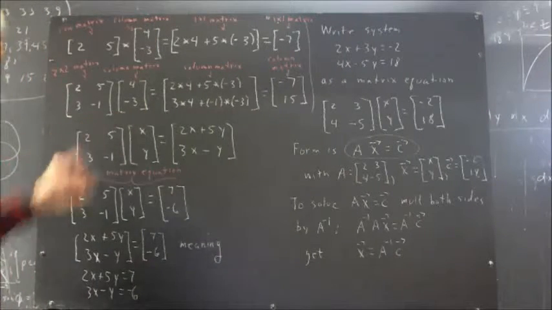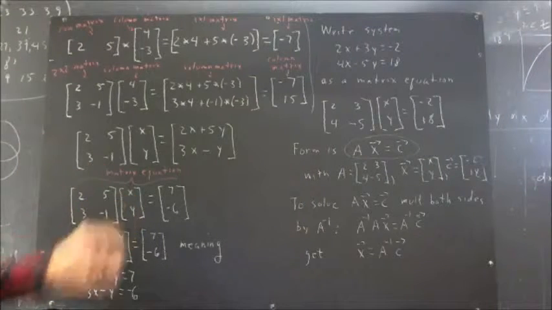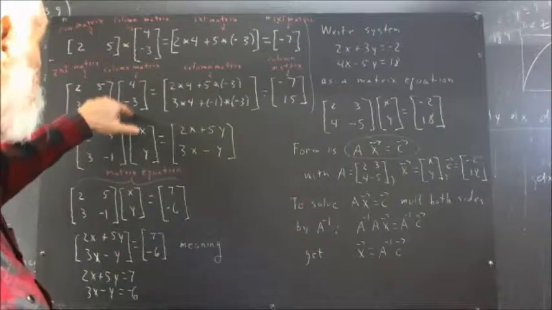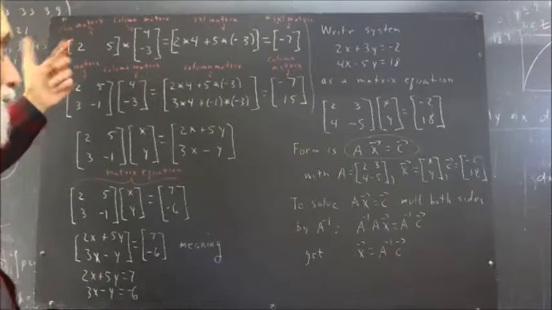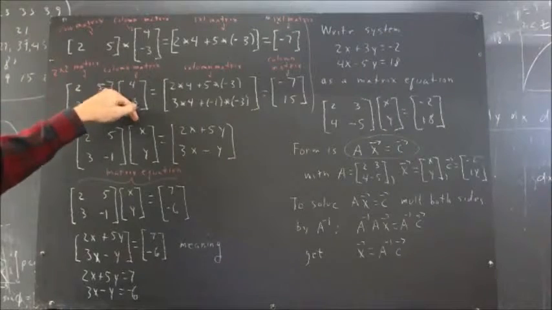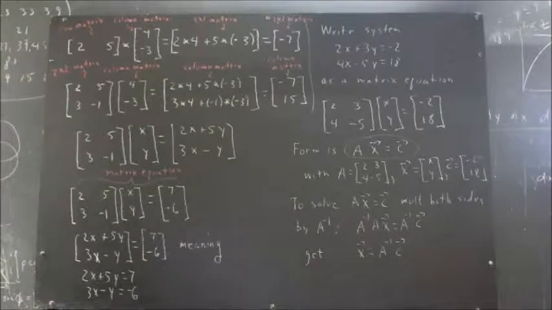As soon as it has more than 1 row and more than 1 column, it becomes a matrix. So I might use the word column vector instead of column matrix, and I could use the word row vector. Hopefully that doesn't cause any confusion right now.